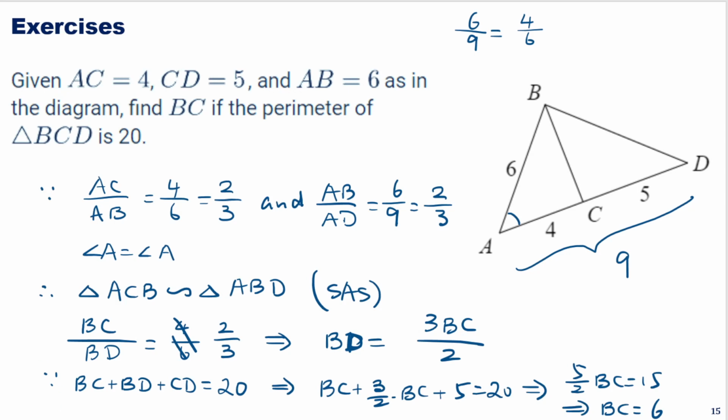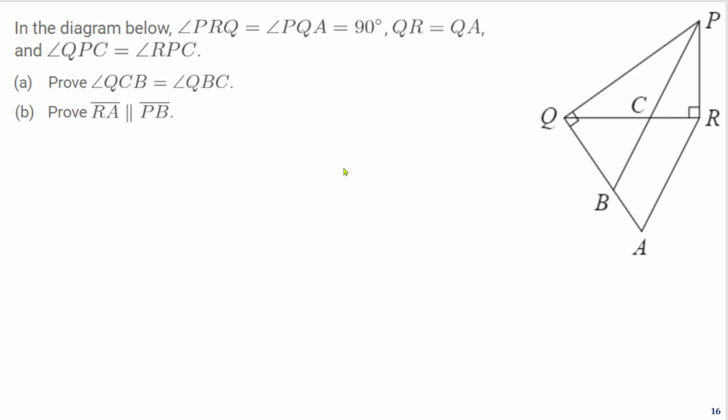Okay, if not, let's have a look at the next one. In the diagram below, angle PQR equals angle PQA. Angle PRQ equals angle PQA equals 90 degrees. QR equals QA.